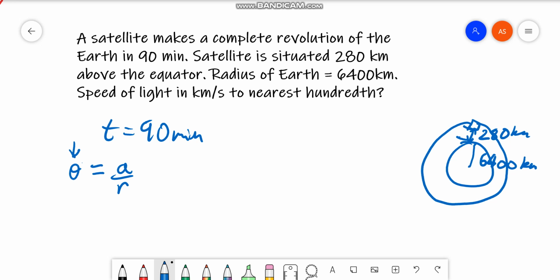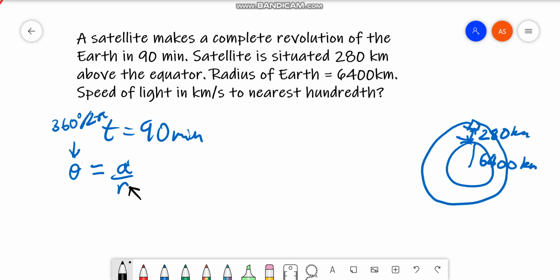we know theta because it makes a complete revolution. Theta would be 360 degrees or 2 pi. And we know the arc length because the arc length would be, oh no, we don't know the arc length, so we need to find the arc length. But we do know the radius of the whole circle.